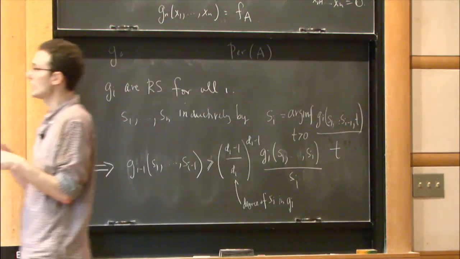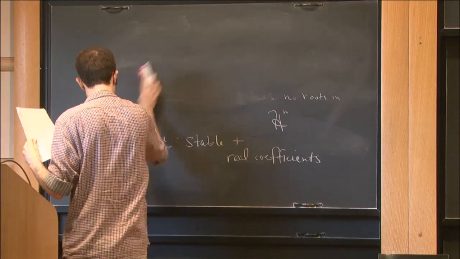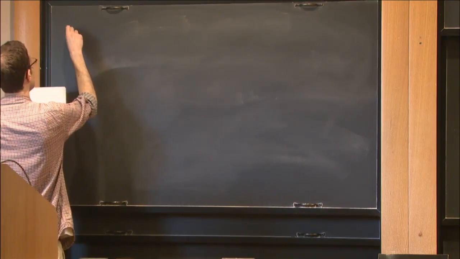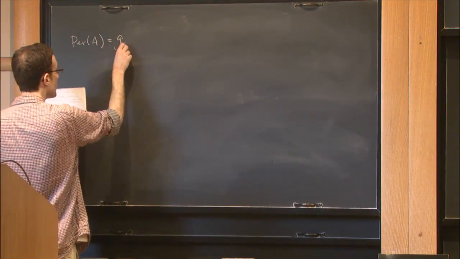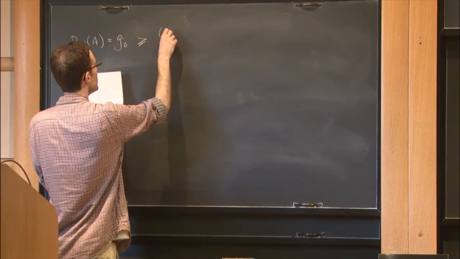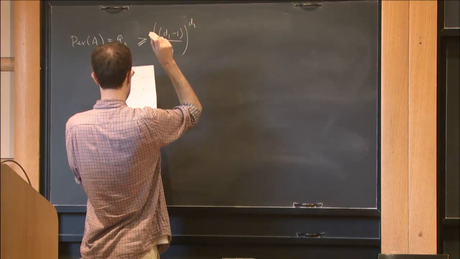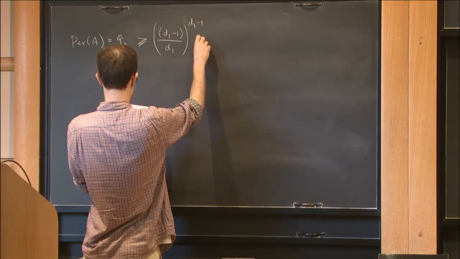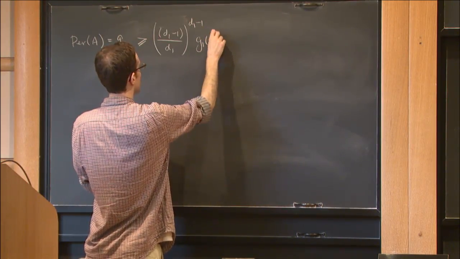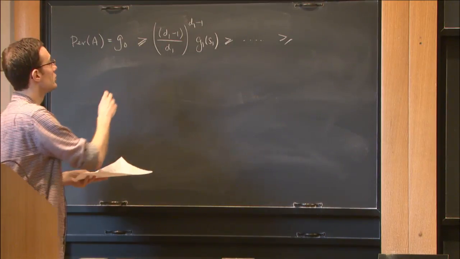Okay, so this gives me a string of inequalities. So permanent of A, which is G0, is greater than or equal to ((d1 minus 1) over d1) to the d1 minus 1 times g1 of S1, which is greater than or equal to... So this d1 is the degree of S1 in G1?